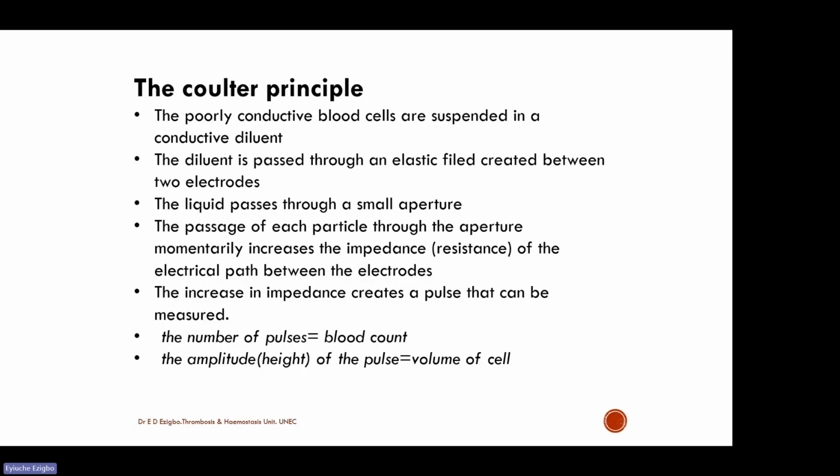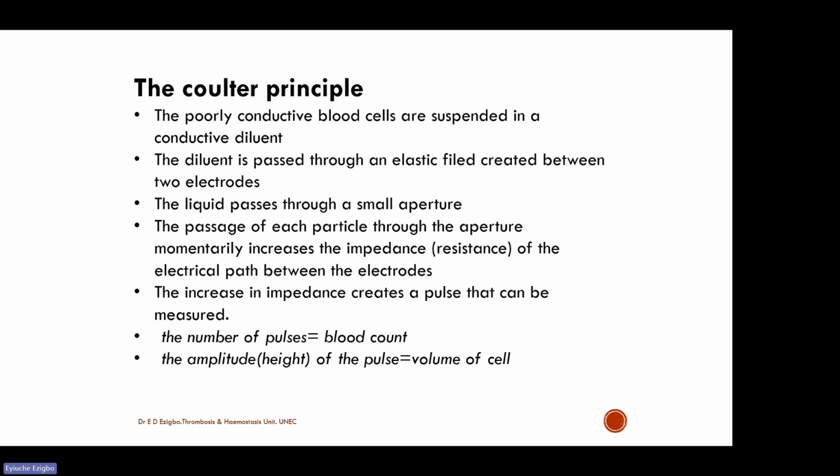The Coulter principle is based on the fact that poorly conductive blood cells are suspended in a conductive diluent. The diluent is passed through an electric field created between two electrodes. The liquid passes through a small aperture.